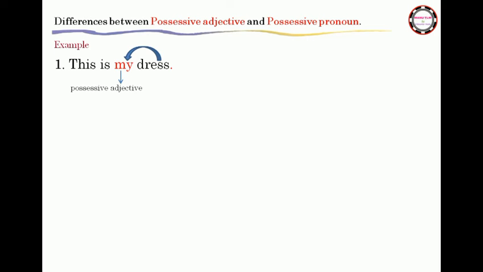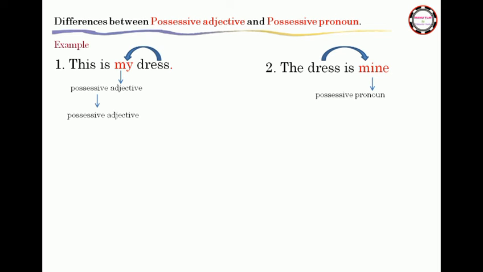So it is a possessive adjective. The second sentence, the dress is mine. Dress is a noun. Whose? Mine. Here observe, the possession is after the noun. So it is a possessive pronoun.